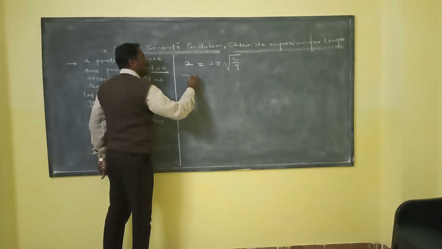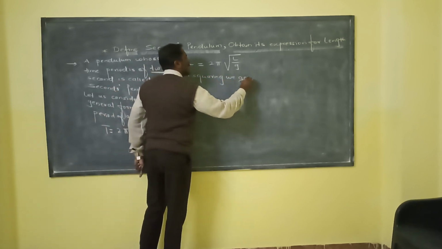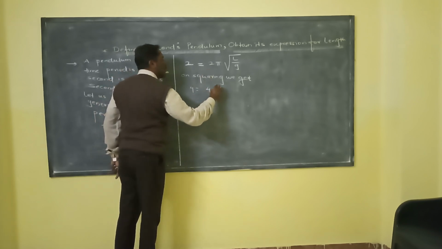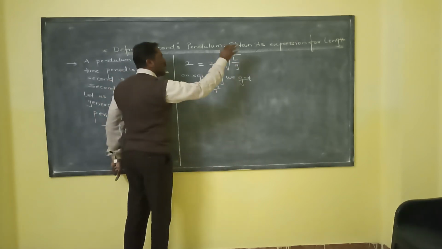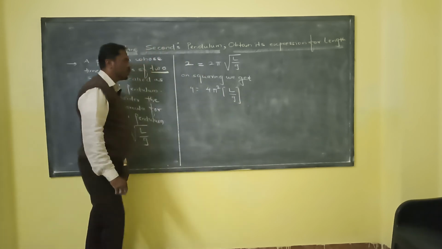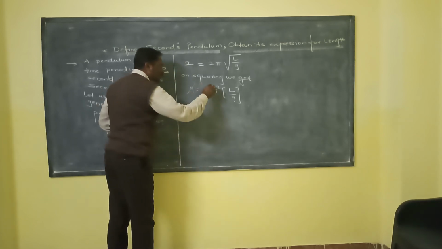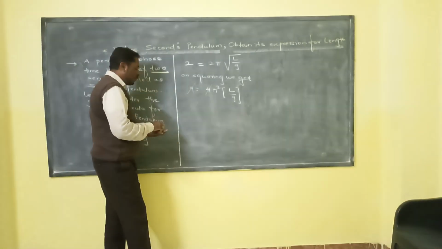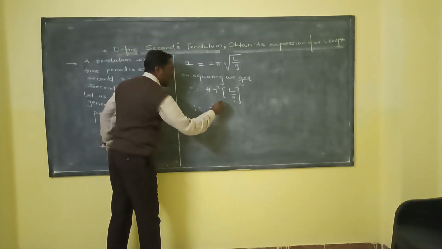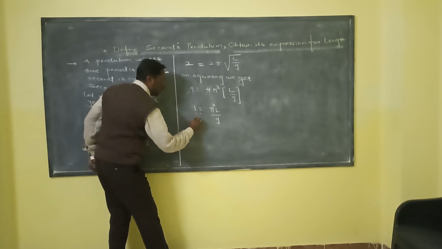On squaring, what do we get? The square of 2 is 4, and 4 pi square. When we take the square, the root goes out. What remains in the bracket? L upon G. So here the factor 4 cancels out. What remains? 1. So 1 is equal to pi square L upon G, with 1 in the denominator.